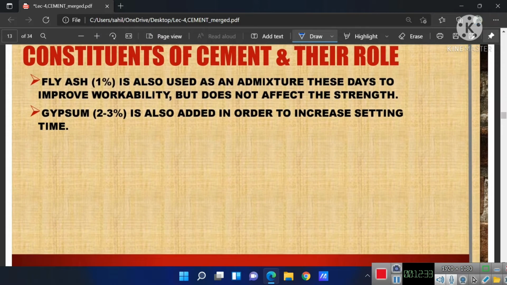Here are the most commonly used additives, that is fly ash, which is used in 1%, and it is also used as an admixture these days to improve workability but does not affect the strength.